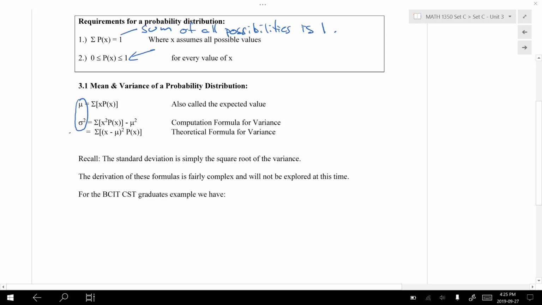These formulas, I can tell you, will appear on the formula sheet. But you should be perfectly able to use them. So the mean here is also called expected value. It's kind of the most likely thing, or the thing that we kind of expect to occur. It's the average. Standard deviation here can come by taking the square root of the variance, which is defined in this way here.